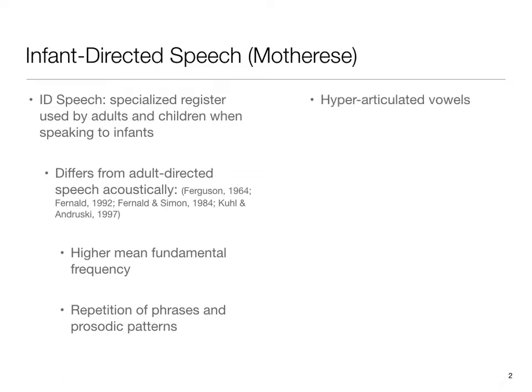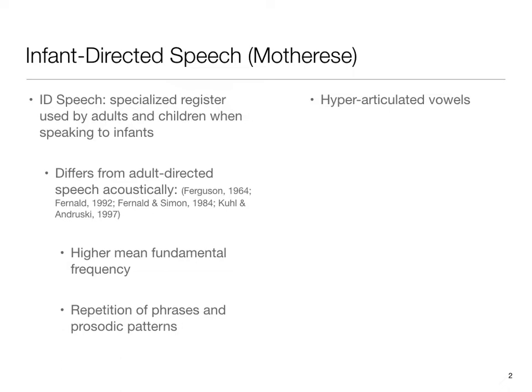We also see hyper-articulated vowels. If you've ever talked to a pet, it sounds very similar to when you talk to an infant. But what's interesting is when you compare those kinds of speech, you only see hyper-articulated vowels in speech to infants and not in speech to dogs and cats and other pets. The theory behind that is, hey, I'm trying to teach a baby language, I'm not trying to teach this pet language.